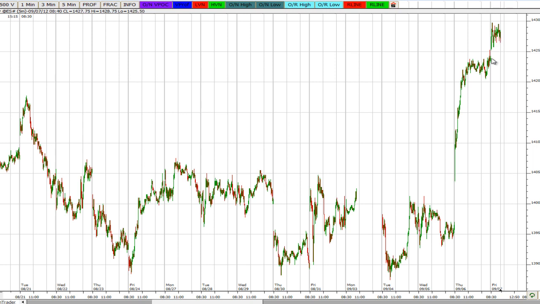So the place that really launched this big directional conviction was right here, the place where the market actually gapped right up. This is where it started, and then it kept accelerating up through there. So what is this level right here? Well, it's right around 1397. That was the close here, and that's where the market gapped out of.